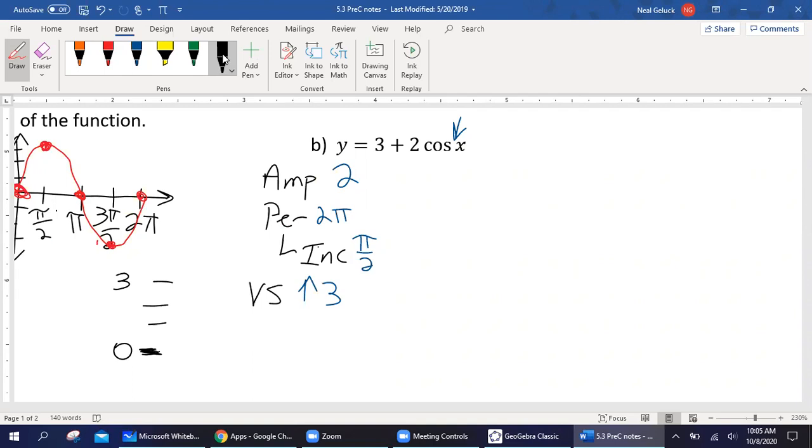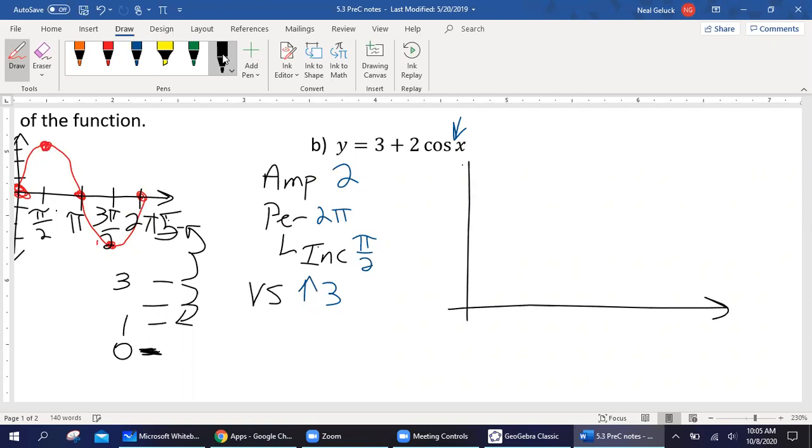And from that middle, my amp is 2. That means I'm going to go down 2 to 1, and I'm going to go up 2 to 5. So this graph is going to exist above the x-axis. So I'm going to set up my graph a little different. My x-axis is not changing. It's the same 4 increments as it was on the previous problem.